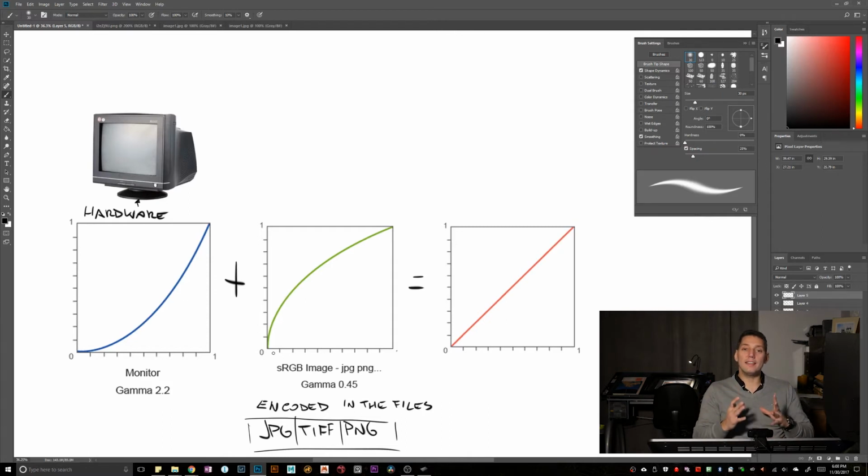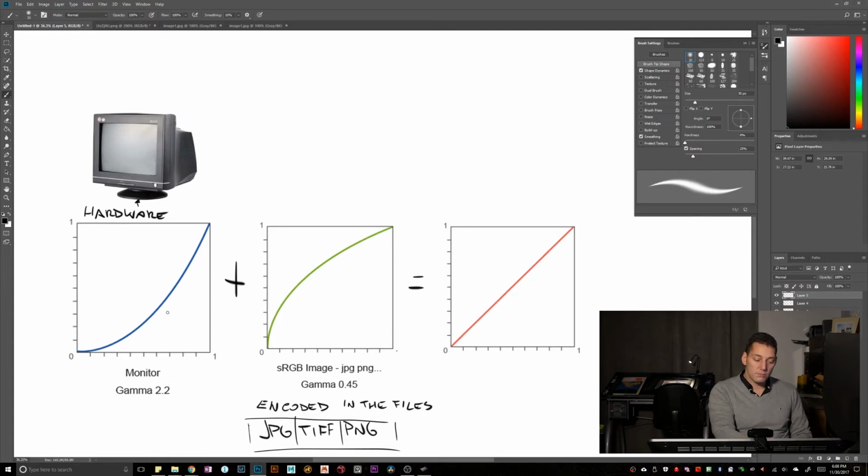So we don't need as much information in the highlights, because even if we had a lot of information there, our eyes would not be able to distinguish it. From a perceptual point of view, you don't need as many values in the highlights as in the shadows, where our eyes are more sensitive and can distinguish more tones.